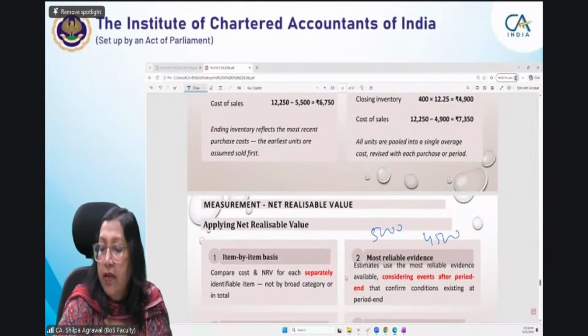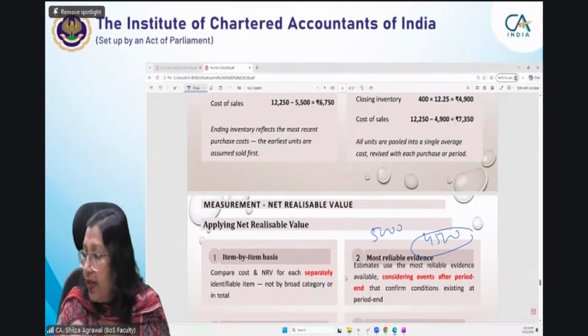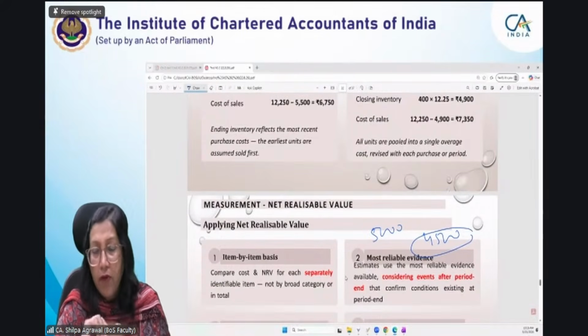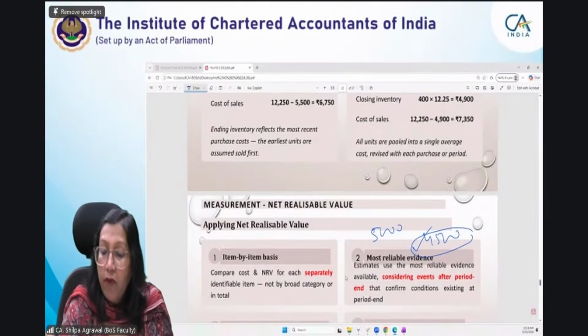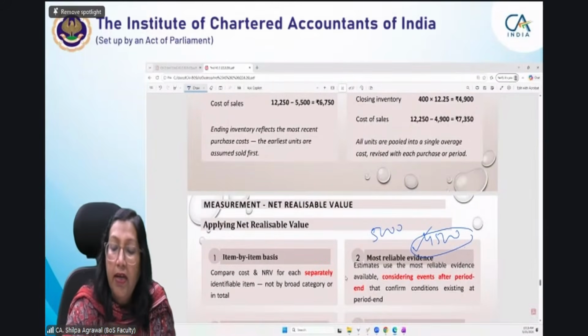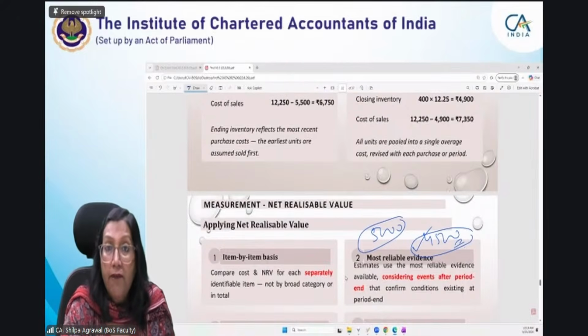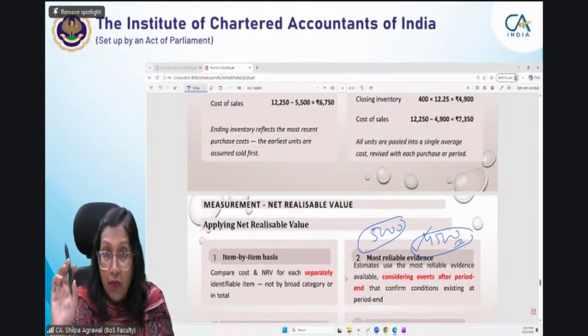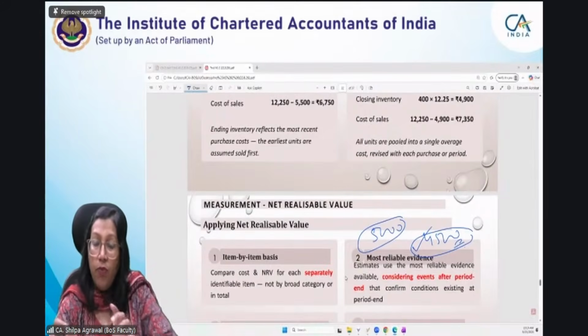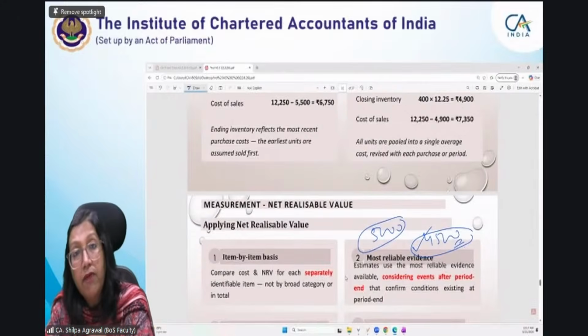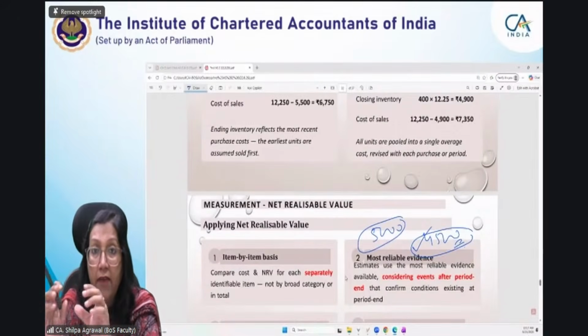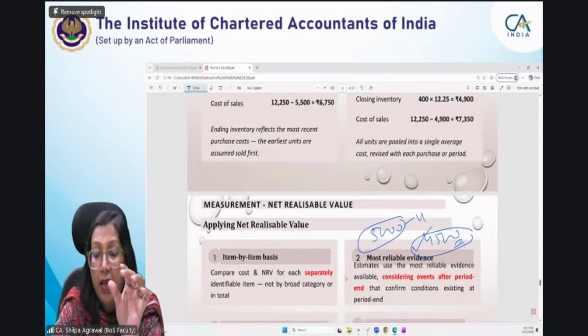The difference: we are going to measure our inventory at 4,500 because it is lower of cost or NRV. Now how to account for this? When you are measuring your inventory at 4,500, but you actually incurred 5,000, what about that 500 difference? Where to take it out? We valued the inventory at 5,000 earlier, but now on the reporting date we are measuring it at the NRV of 4,500, so the 500 we are taking out of cost, where will it go? Where will we take that 500?